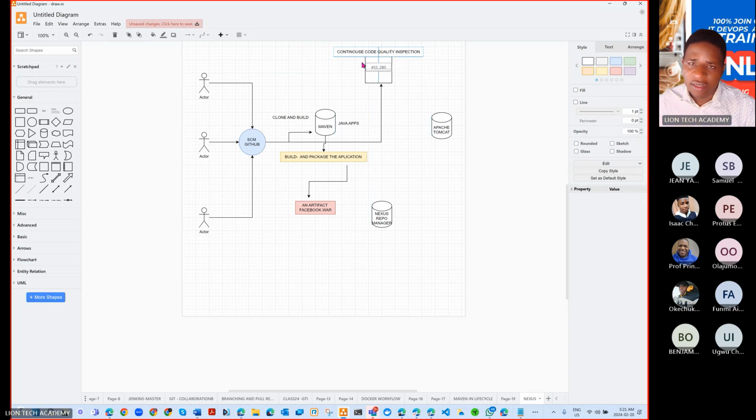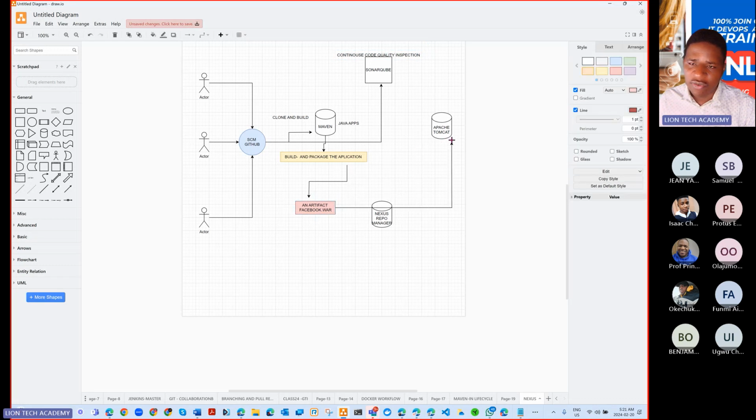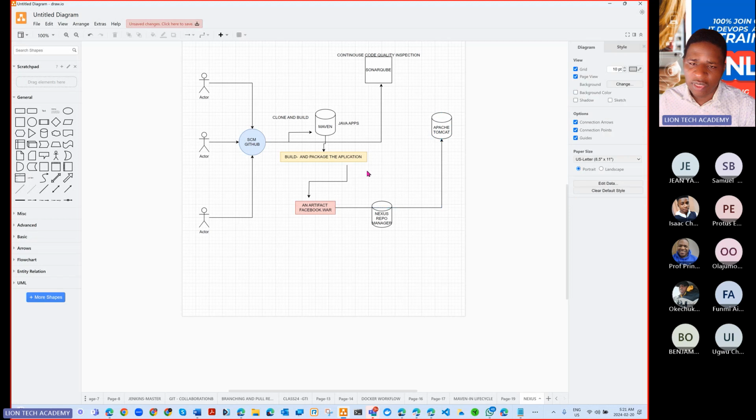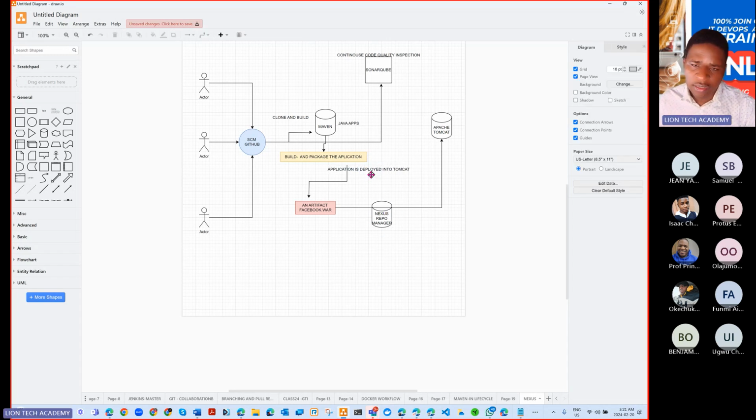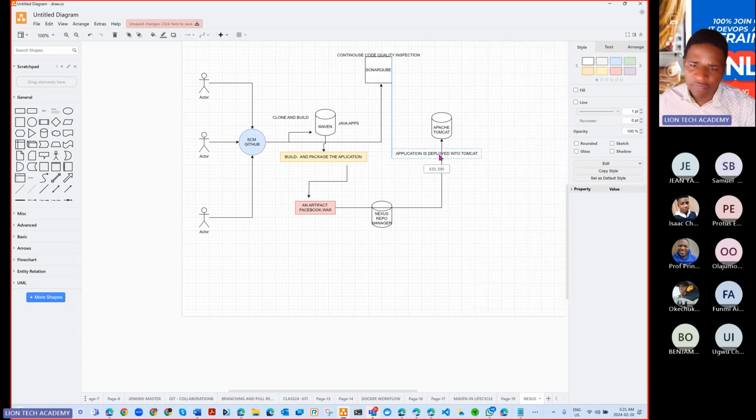That is how we check the quality of our application here. Again, we can then deploy this artifact, or application, into Tomcat, as the case is right here.